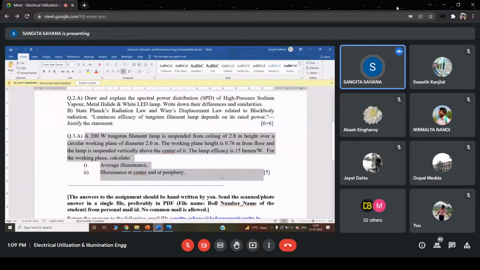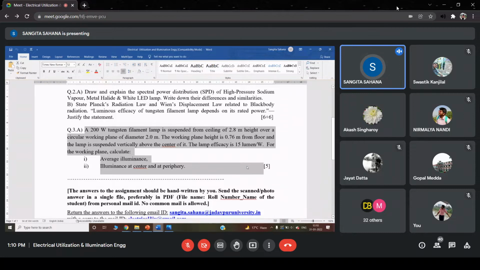Wattage is given, and efficacy, meaning lumen per watt, is given. So what will be the total lumen output of this filament lamp? 200 into 15, so 3000 lumen.